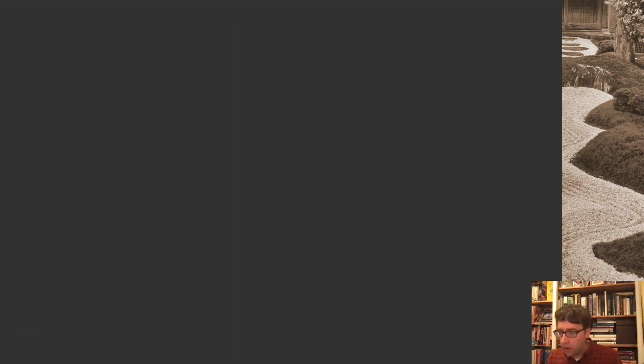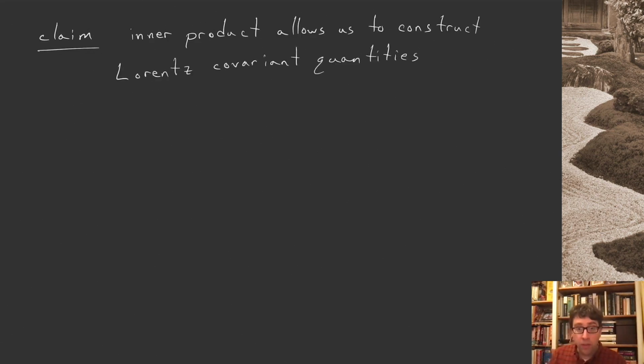So let's keep moving along and think a little bit more about what this inner product allows us to do, and how other things that we've developed, like the Majorana property, interact with this inner product. So a claim: the inner product allows us to construct other Lorentz covariant quantities. Well, we saw the scalar already, but there are other ones. One is what you get when you sandwich a gamma mu matrix between two of these spinors.